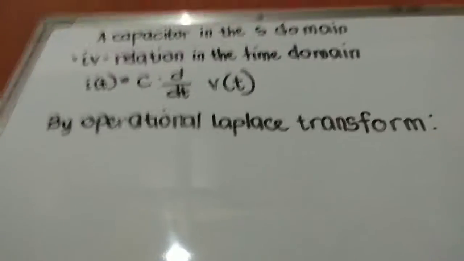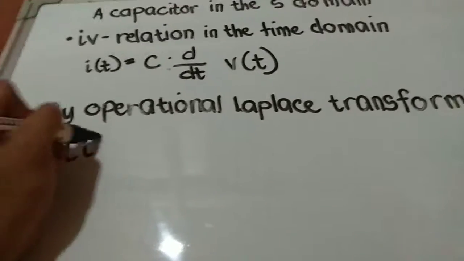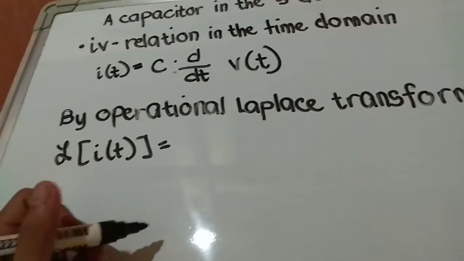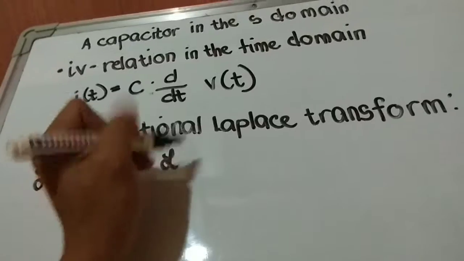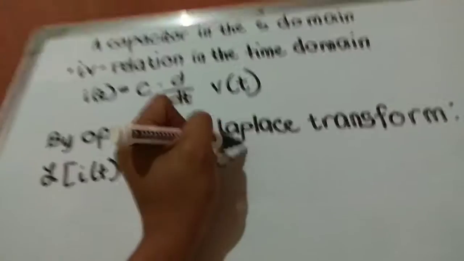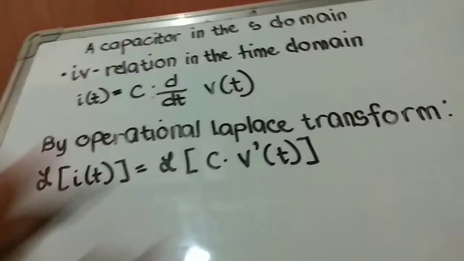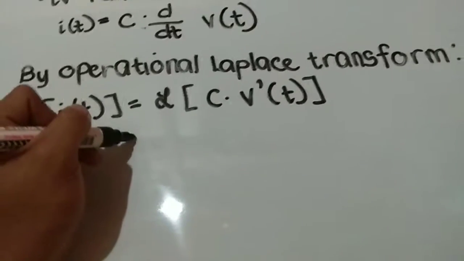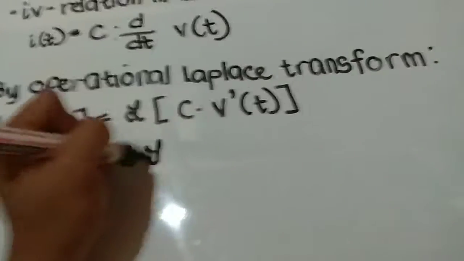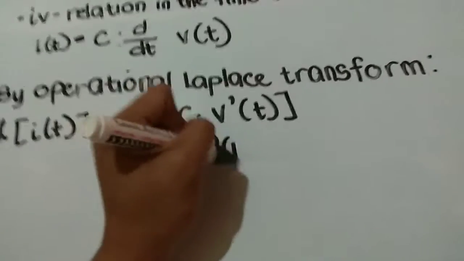So by operational Laplace transform, the Laplace of i in terms of t is equal to Laplace of C times v prime(t). So it's equal to C times Laplace of v prime(t).